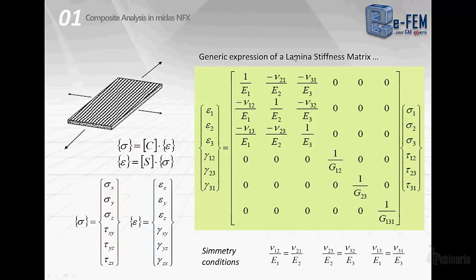If we look at the generic expression of the matrix, this is the form we have, and thanks to the symmetry we can define this relation that links together the stiffness properties, so the Young modulus of the materials along each direction, with the Poisson ratios.